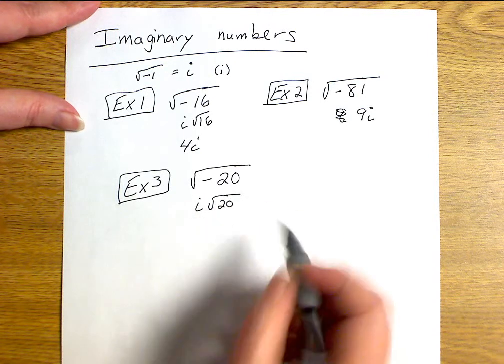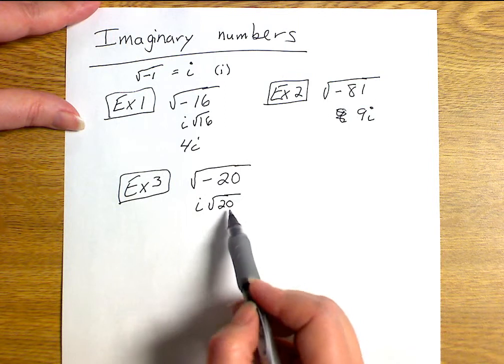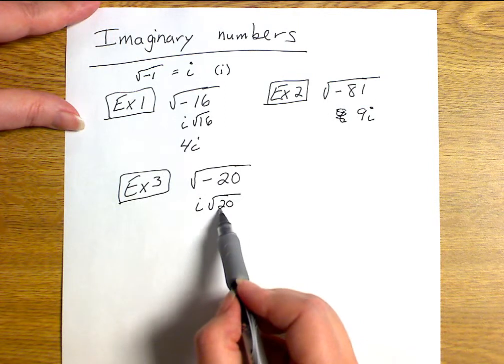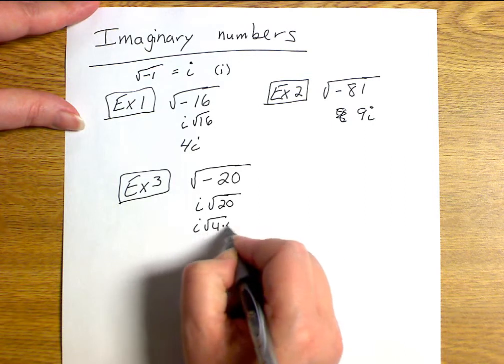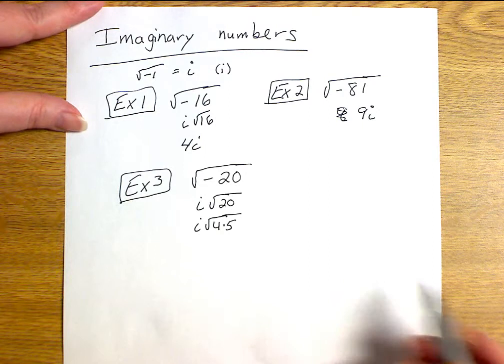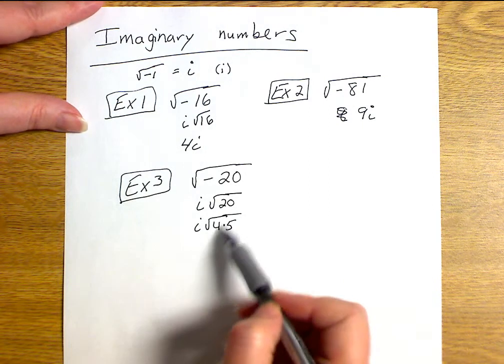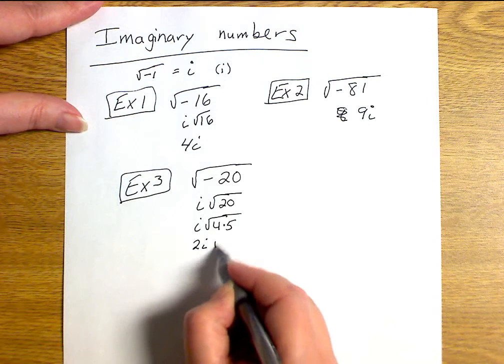Then you can break down 20. So you have the square root of 4 times 5. The square root of 4 is 2, and then we always put our i, square root of 5.